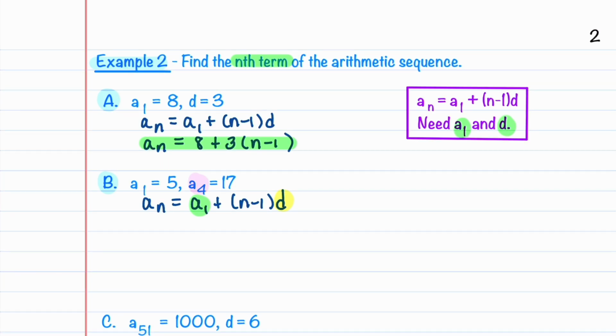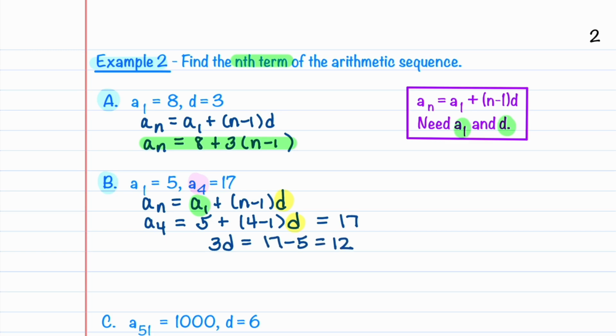We can write down that A4 is equal to A1, which is 5, plus n, which is 4, so 4 minus 1 times D. And this is equal to 17. So what we're going to do is take this equation and solve for D. Let's pull the 5 to the right. So we have 3D is equal to 17 minus 5, which is 12.